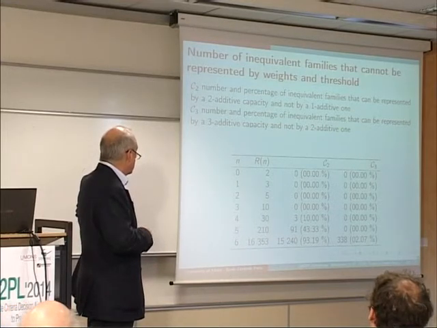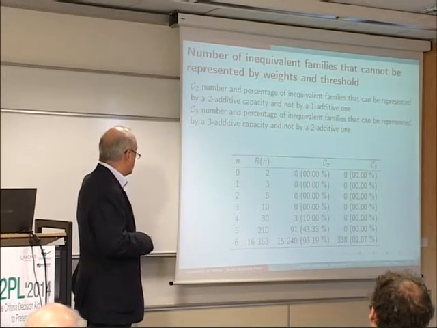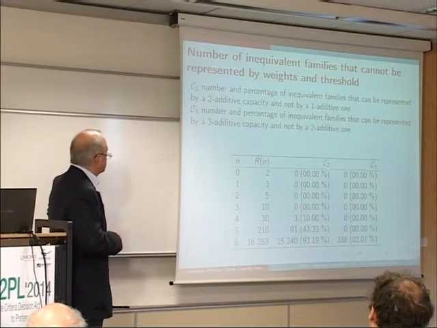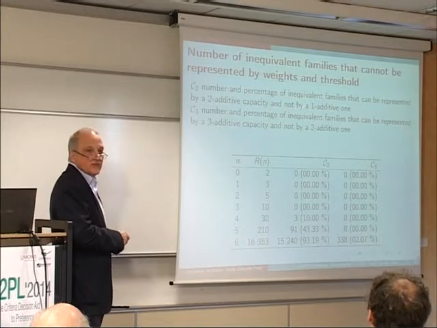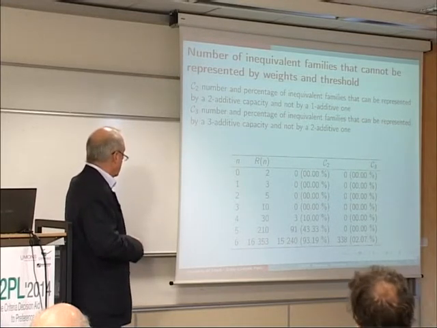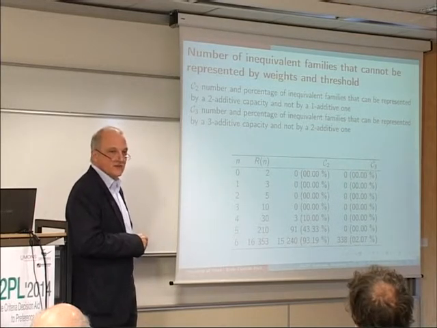So in the column C2, we list the number and the percentage of inequivalent families that can be represented by a 2 additive capacity, but not by a 1 additive, that is by a MR-sort rule. And C3 is the same thing for 3 additive, but not 2 additive.